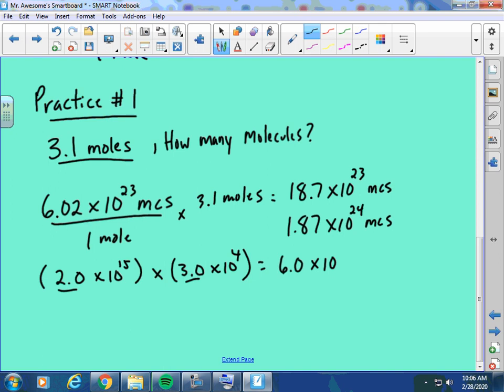So 6.0 times 10. And when we multiply scientific notation, what we do with those exponents is we add them. So add the exponents. 15 plus 4 in this scenario, which would be 19. I just make that my new exponent, and there's my answer.